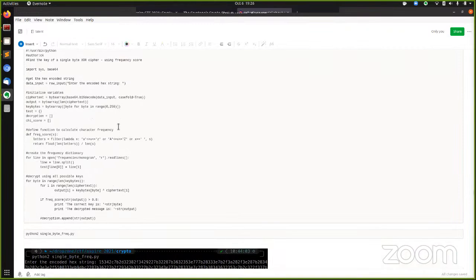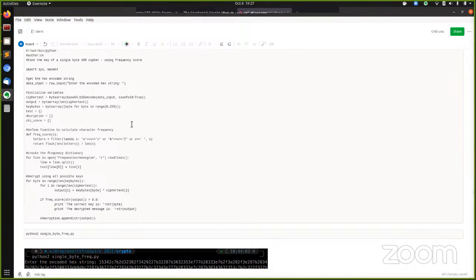Again, for frequency analysis, you can use the chi-squared value, or you can use just regular old mathematics. In a normal rudimentary frequency analysis, we try to decrypt the ciphertext using all possible 256 bytes.